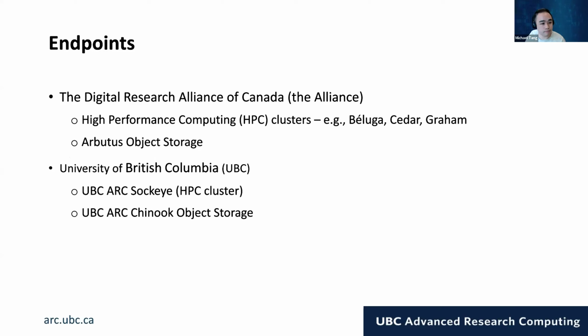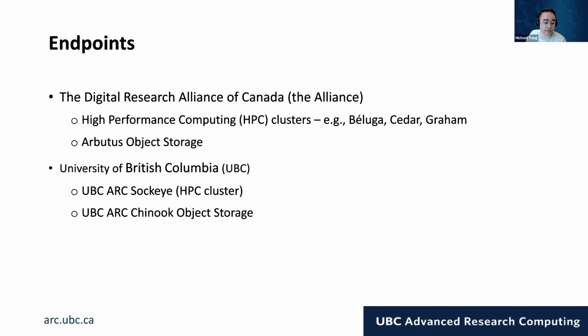We mentioned the different storage solutions or high performance computing clusters, so I just want to highlight some of the destinations, which in Globus we call endpoints. They could be where the data is initially stored or where it would go, the destination.